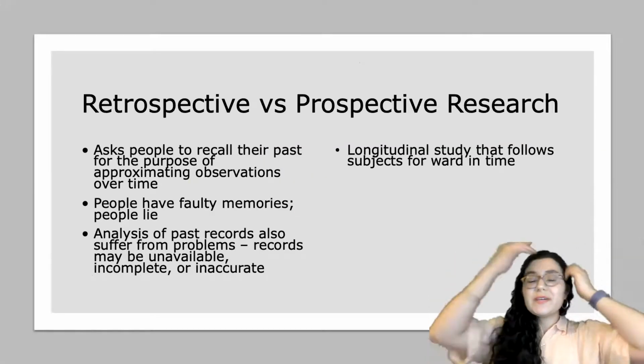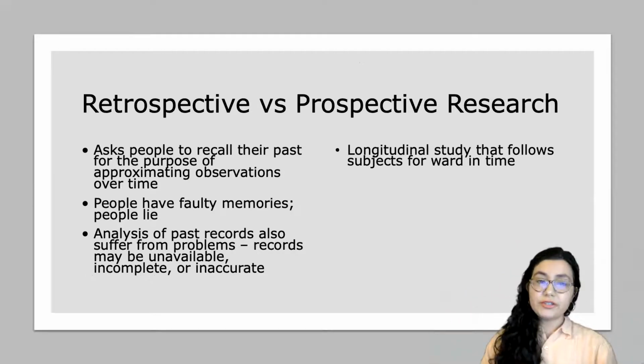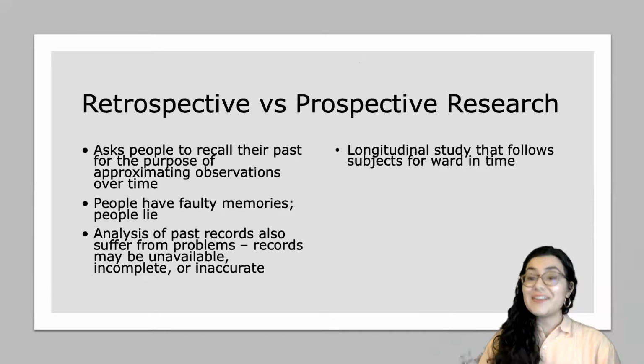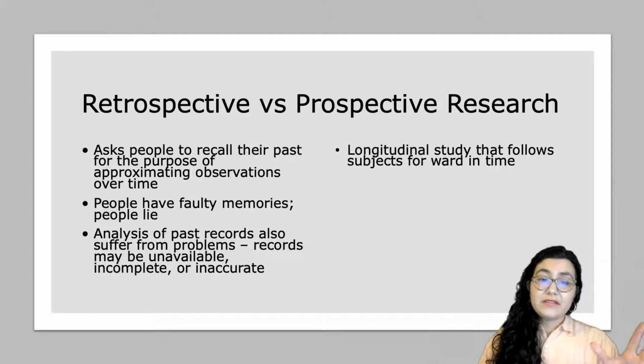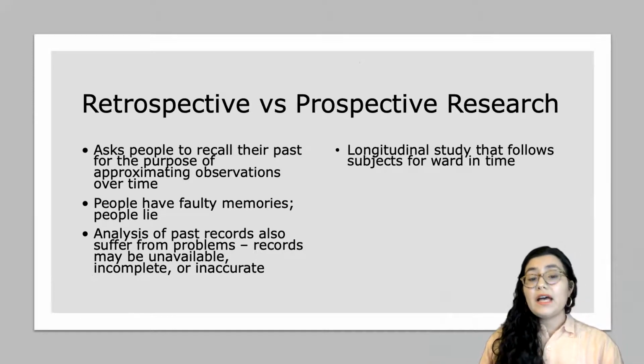So there's retrospective and then there's prospective research. And this also is an element of time that we're talking about. And there are other elements of time, like how long we're observing things, if we're looking over time and whatnot. So retrospective is when we ask people to recall their past, and we're getting data from past things.